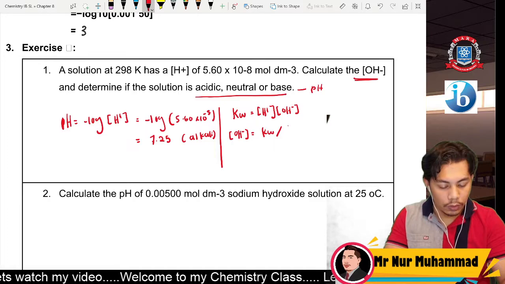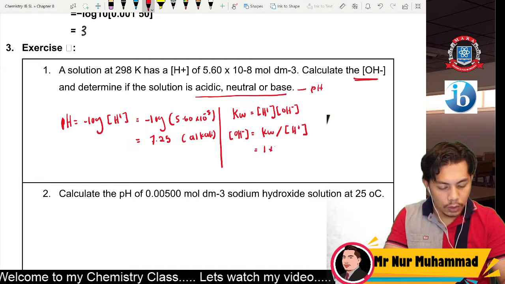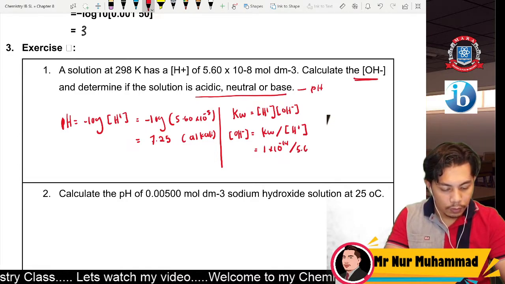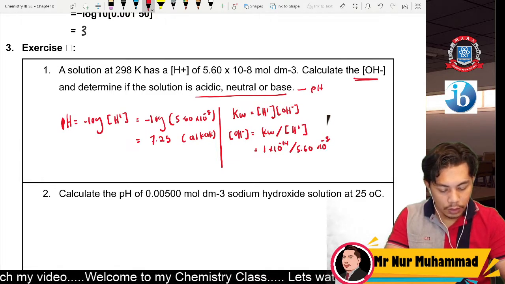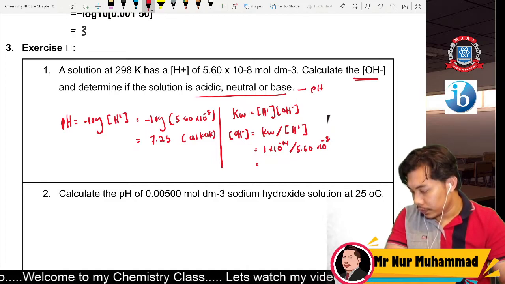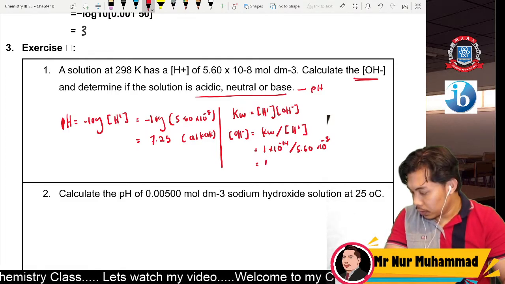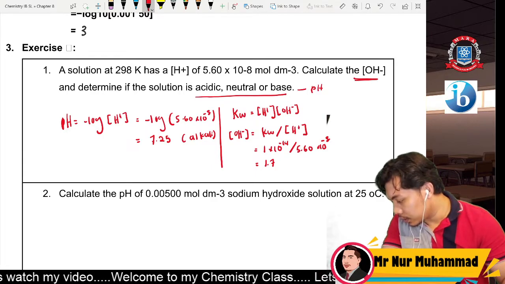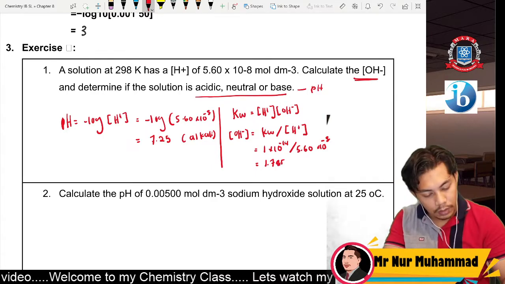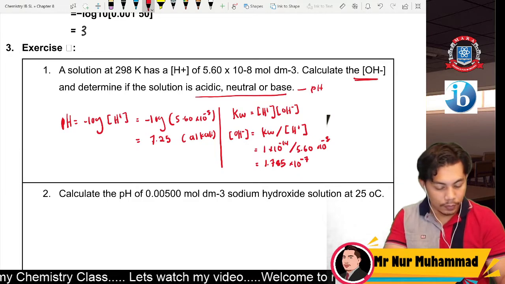So Kw divided by the concentration of hydrogen ion: Kw 1 times 10 negative 14 divided by 5.60 times 10 negative 8, and the answer is 1.785 times 10 negative 7.